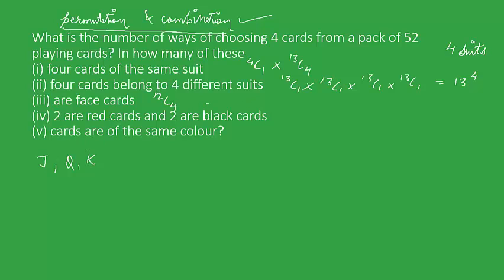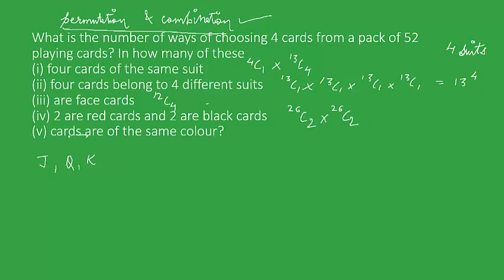So we have to choose two cards which are red. We have a choice from 26 cards, that is two particular suits, to choose 2 cards, and similarly from the other 26 black cards we have to choose 2 cards. So the answer is 26C2 into 26C2.